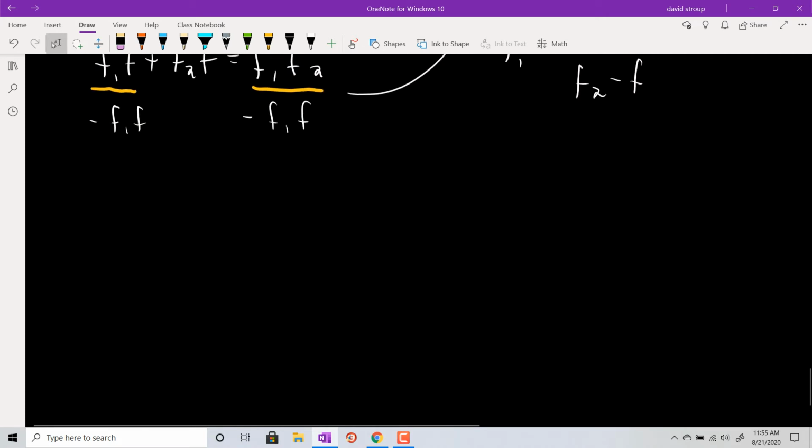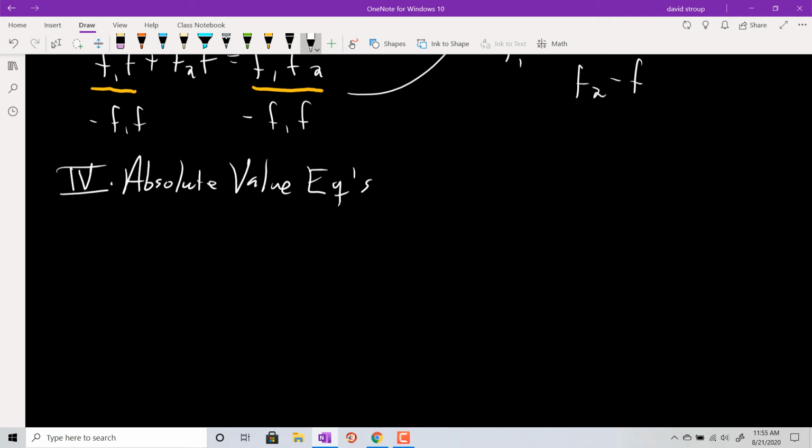Okay. Let's move on to absolute value equations. The basic rule is if you have any algebraic expression like u, absolute value of it equal to some c, you can drop the absolute values, but then you have to replace it with a plus or minus on the right side.